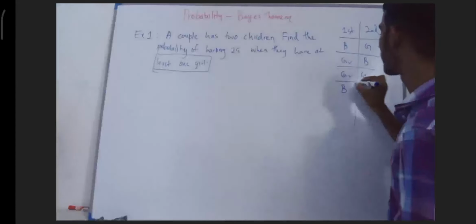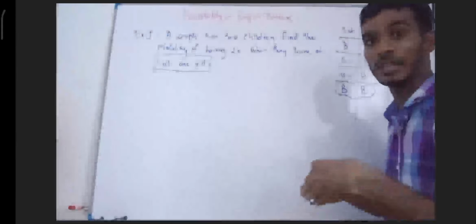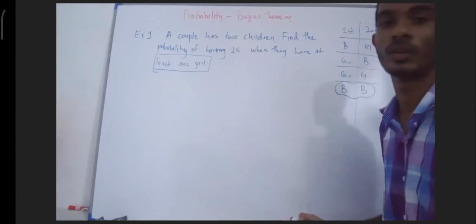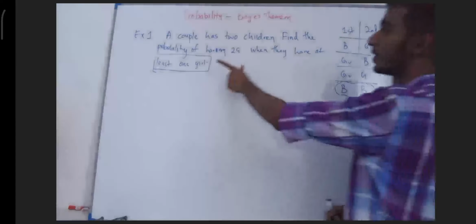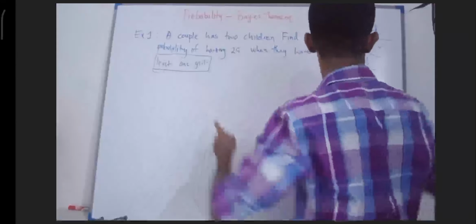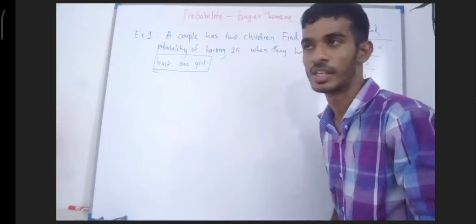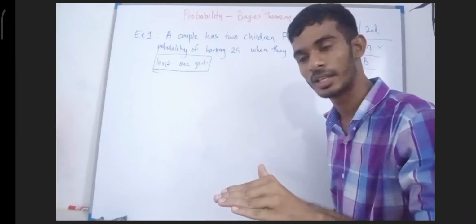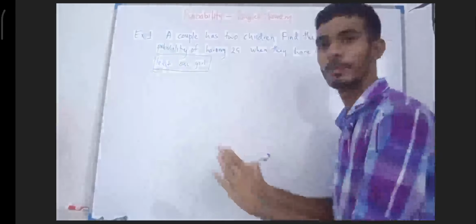This might be possible. But this combination cannot be possible, because we clearly know that this scenario cannot happen for this couple, as they have at least 1 girl. So these 3 possibilities remain: both children might be girls, or the first might be a girl and the second a boy, or the first a boy and the second a girl.